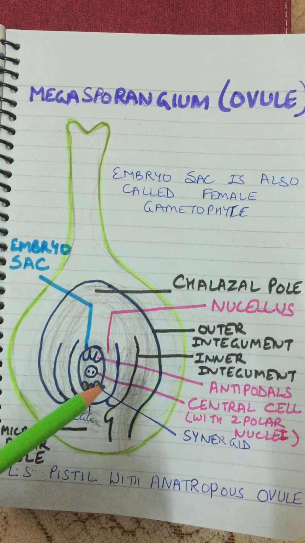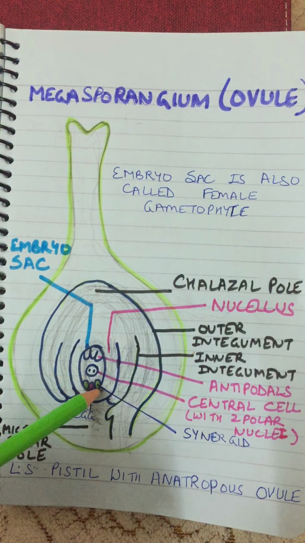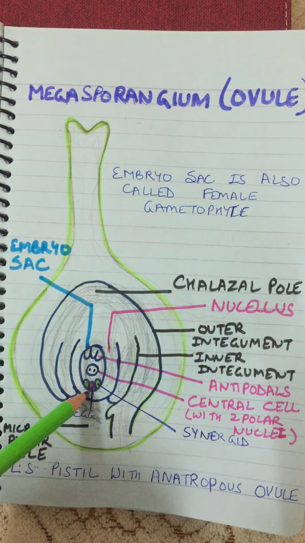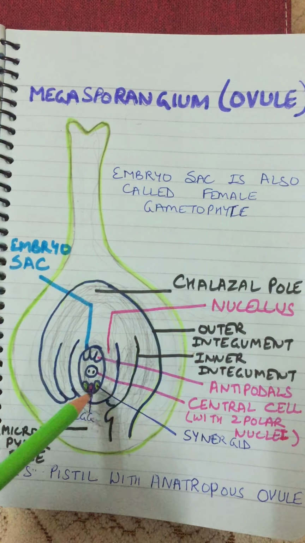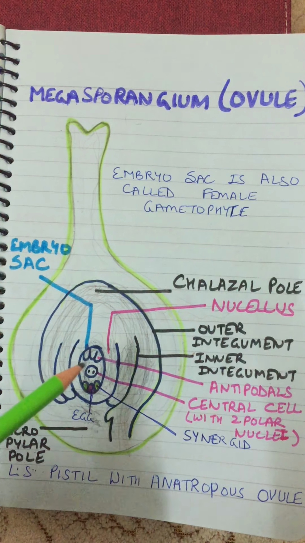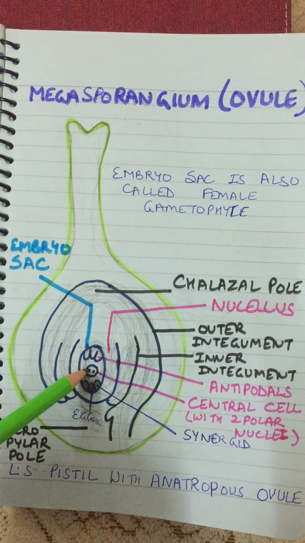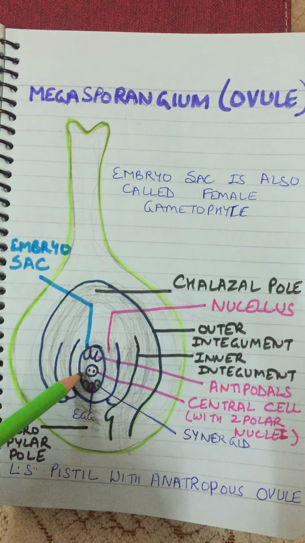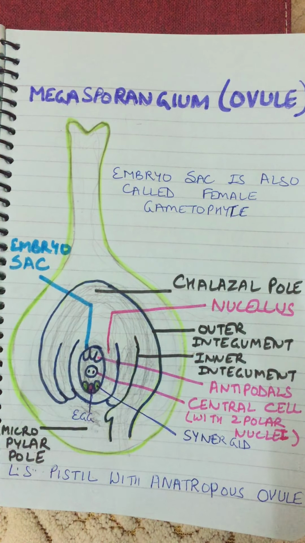At the micropylar end, there is a 3-celled egg apparatus. The center cell of the egg apparatus is called the egg and surrounding this egg are 2 synergids. In the center of the embryo sac is a cell called the central cell with 2 polar nuclei.